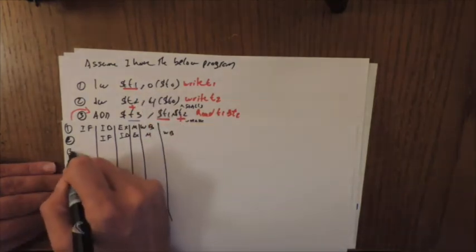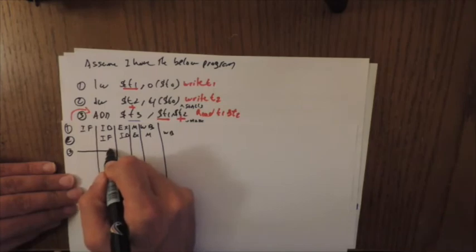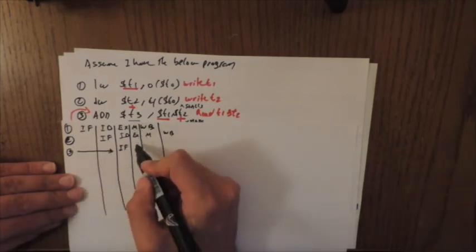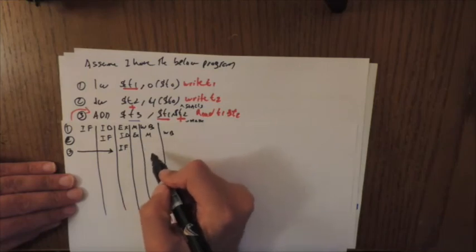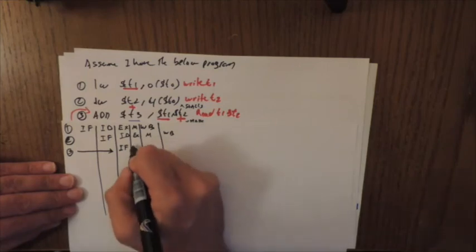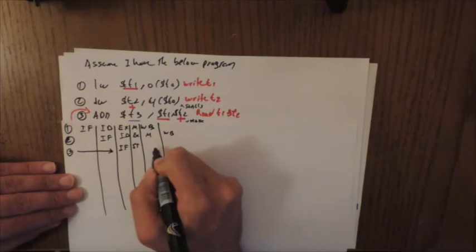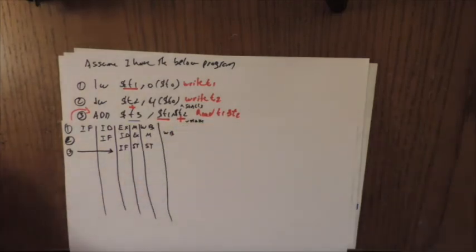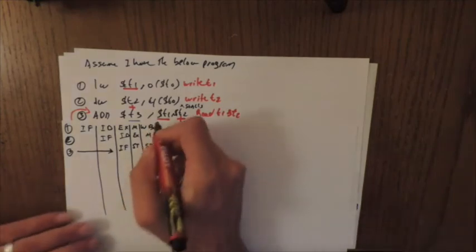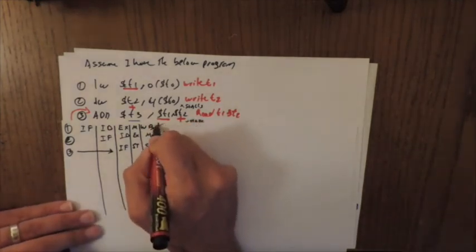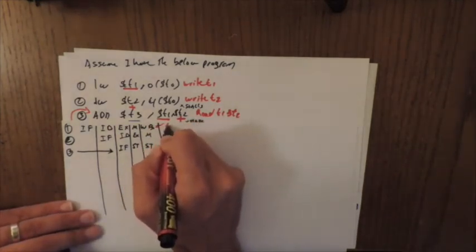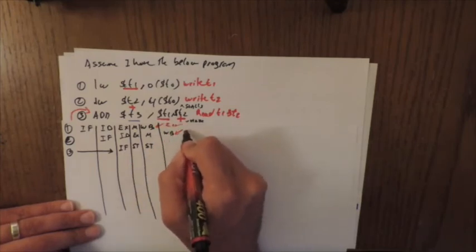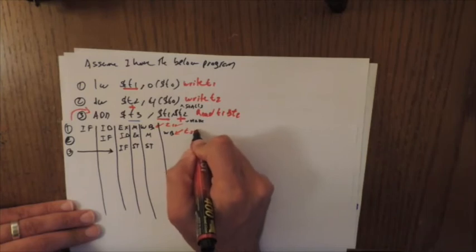So the third instruction, I'm going to start it here. We have IF. We cannot do the ID directly. We need to add stalls. So this is stall 1, another stall. Notice here that in this, here we have T1 ready, and in this cycle we have T2 ready.